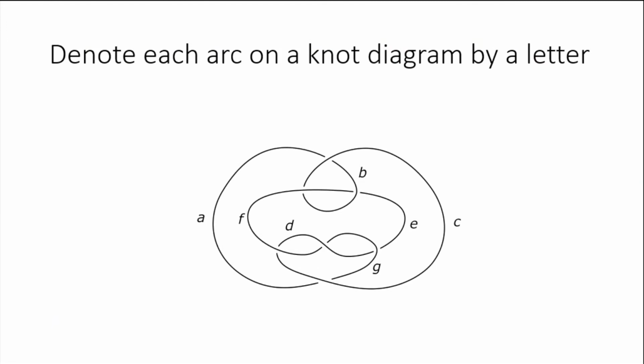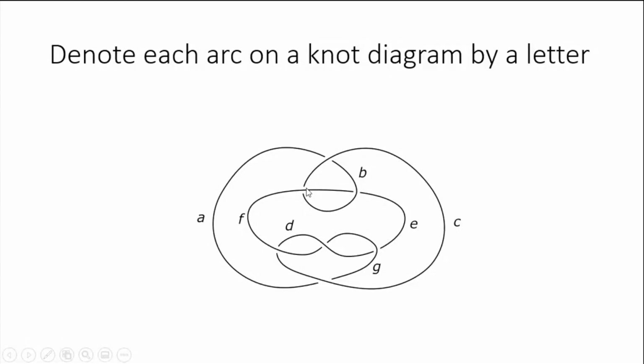You look at the parts of the curve which go from one undercrossing to another undercrossing. So if you look at this arc C, for example, here, it emerges from under the arc F here, goes all the way here, and then goes under arc F on this side.